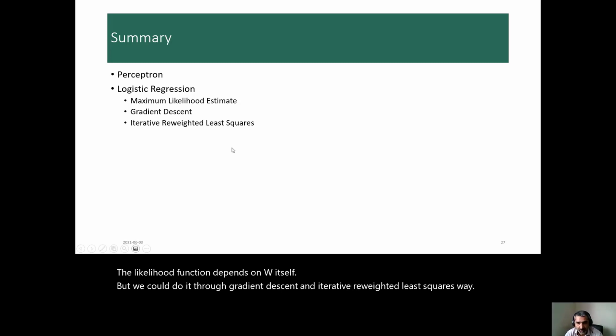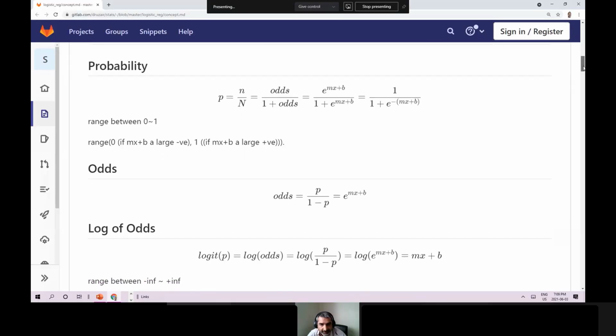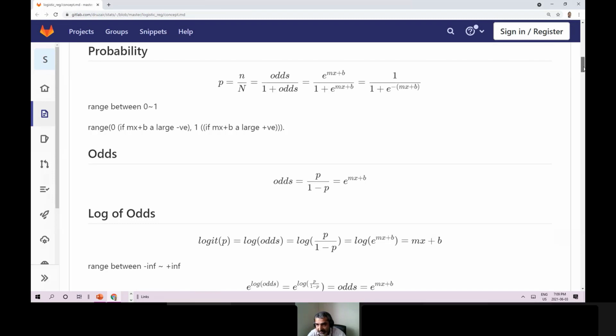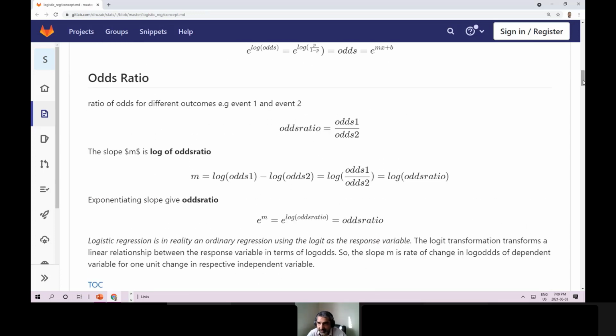And hopefully we will know from now on what's going on behind the scenes when we run a line of code and get the parameters. So here, logistic regression not only gives us the probability, but the individual weights have a meaning. For example, the intercept will represent the odds ratio, right?